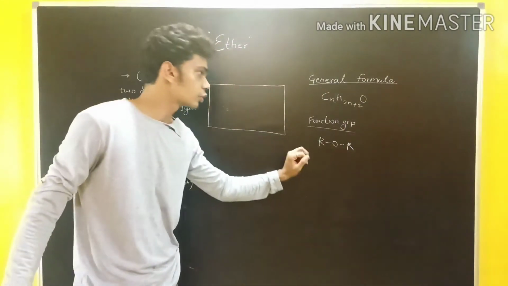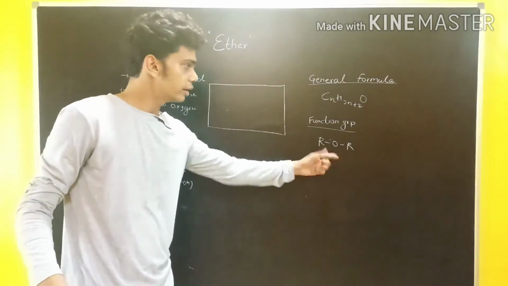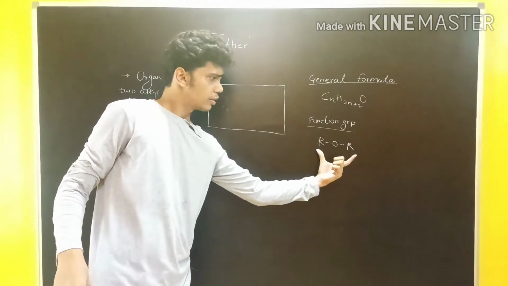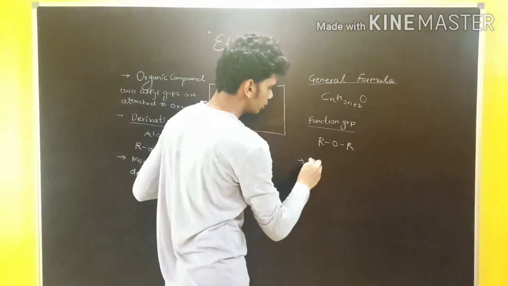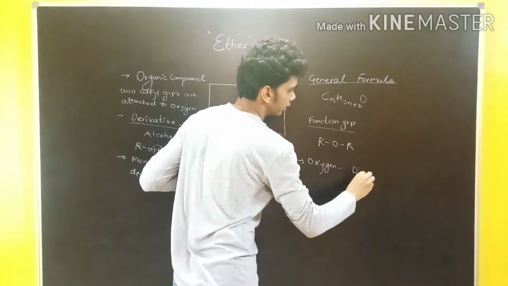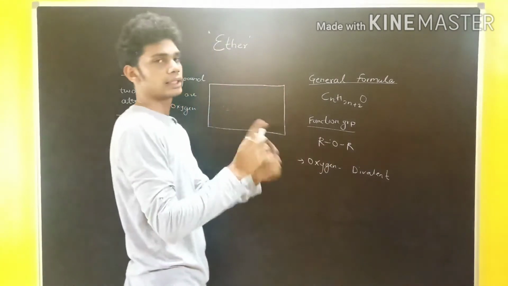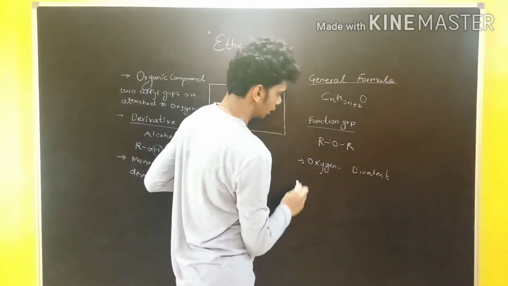We know about the functional group R O R. Let's study this oxygen atom, which is bonded to, or surrounded by, two alkyl groups. The oxygen atom is divalent and attached to two alkyl groups, so it is the center.